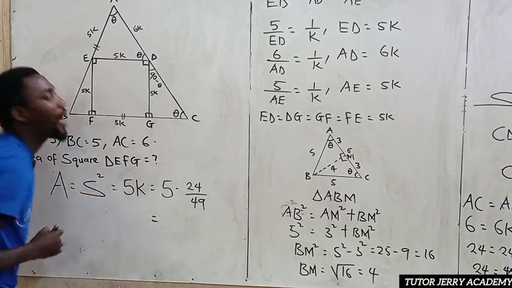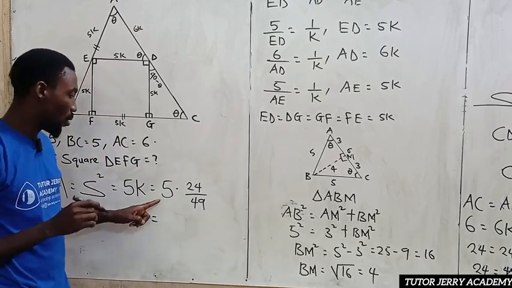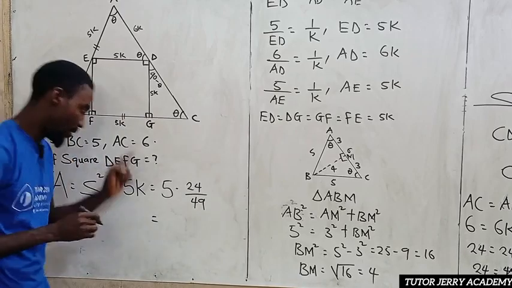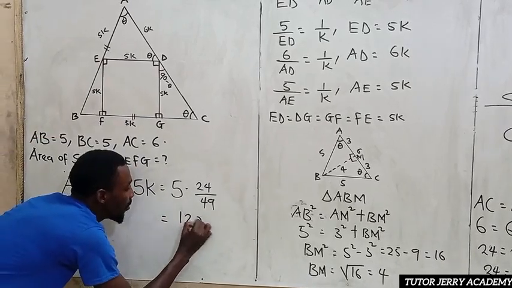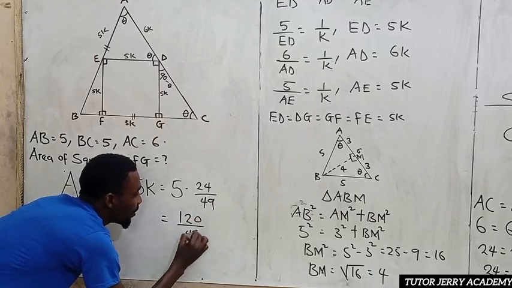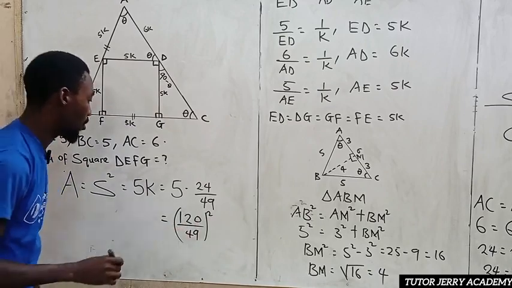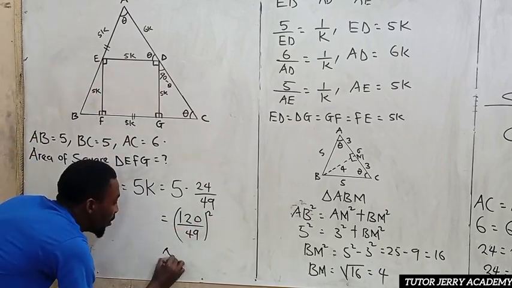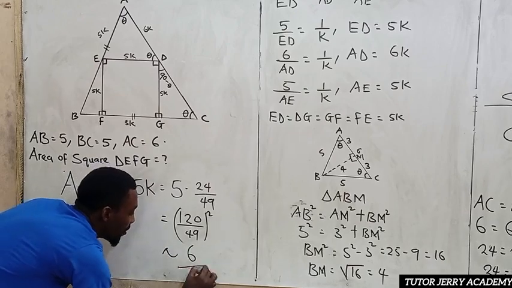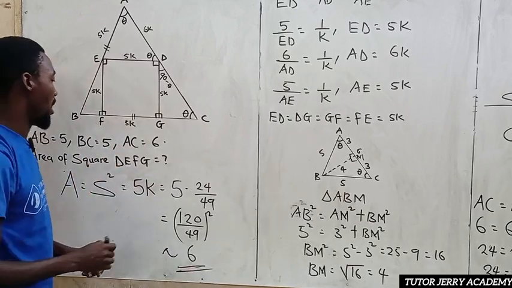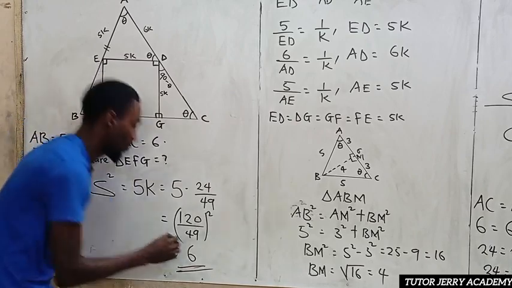So 5 multiplied by 24 is 120. So we are going to have 120 over 49, squared. If you press this value in your calculator, you can approximate this to be 6.